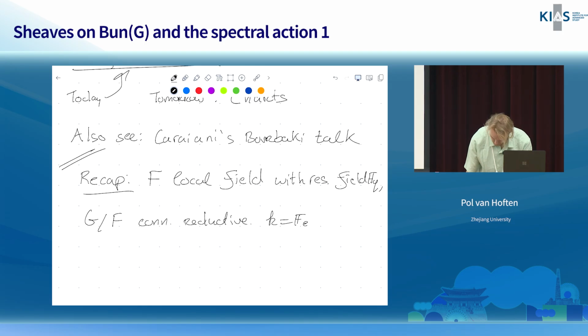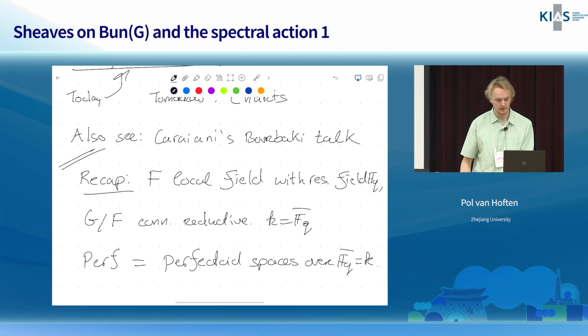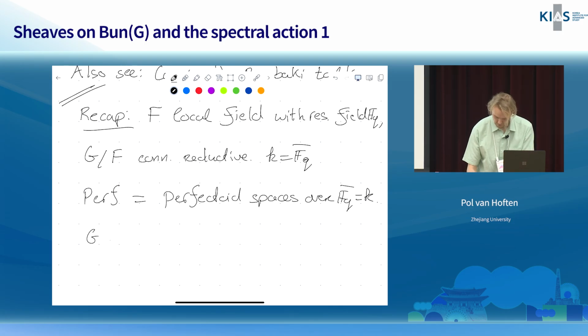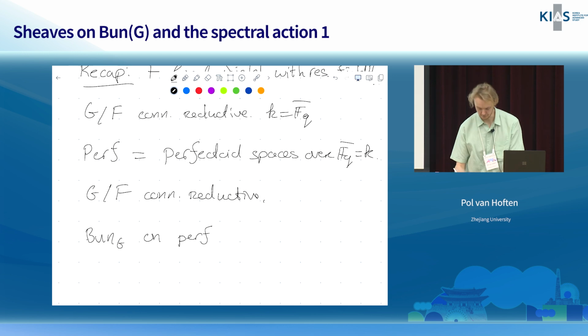K is the completed algebraic closure of F, and Perf is perfectoid spaces over K. That's what I called K. And then I have G over F connected reductive, and then I have Bun_G on Perf. This is a V-stack that I think we've seen before.